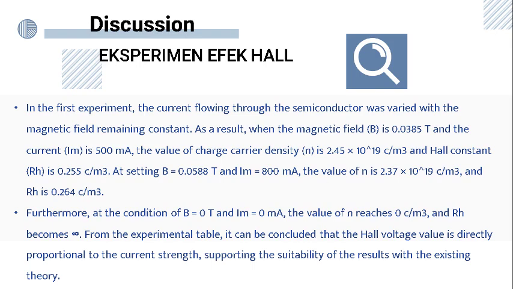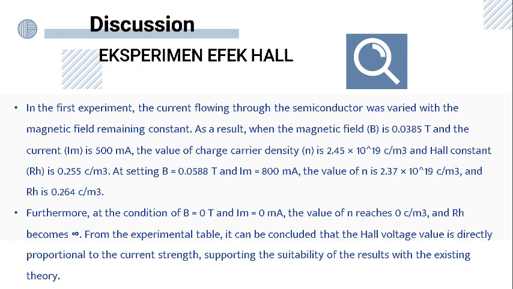The setting B is 0.0588 Tesla, and IM is 800 milliampere. The carrier density n is 2.37 × 10^19 per cubic meter.